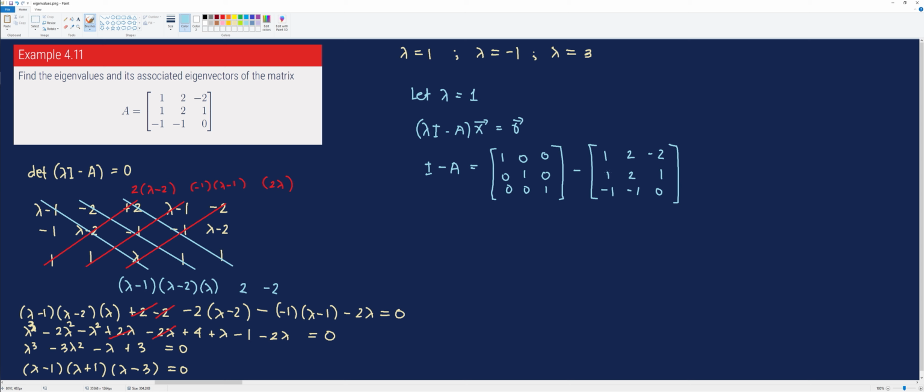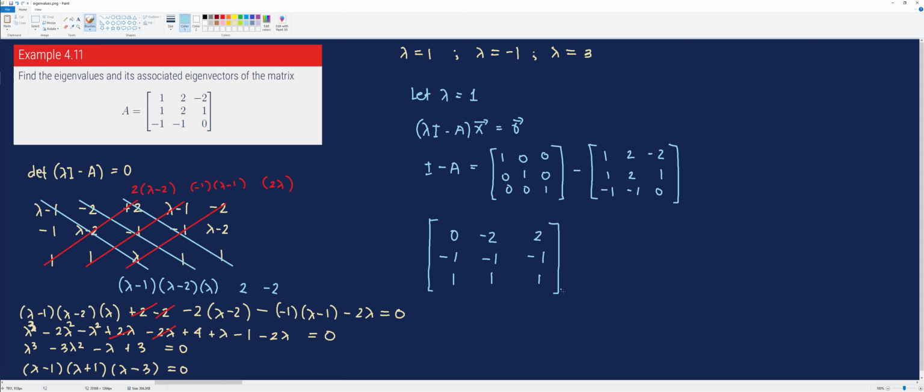If we perform this operation, 1 minus 1 is 0, 0 minus 2 is negative 2, 0 minus negative 2 is positive 2, 0 minus 1 is negative 1, 1 minus 2 is negative 1, 0 minus 1 is negative 1, 0 minus negative 1 is 1, 0 minus negative 1 is 1, and 1 minus 0 is 1.